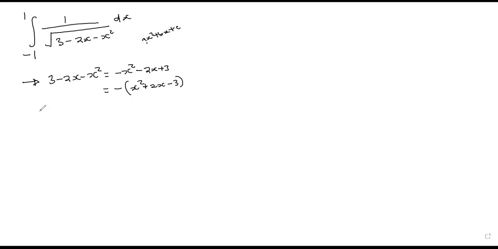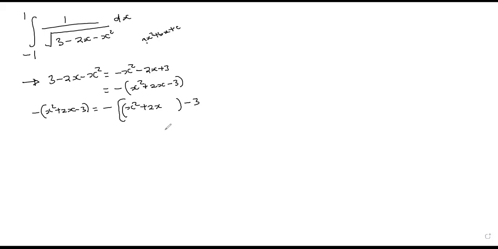So now our negative x squared plus 2x minus 3 is the same as negative. Now we are completing a square. So when you're completing a square, here we shall have x squared plus 2x, I'll leave a space, then I put minus 3.